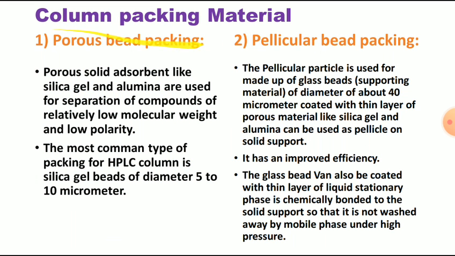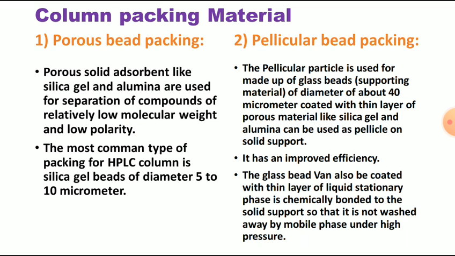We have seen there are two types of column packing material, porous bed packing material and pellicular bed packing material. First, porous bed packing material. In this case, porous solid adsorbents like silica gel and alumina are used for separation of compounds of relatively low molecular weight and low polarity.